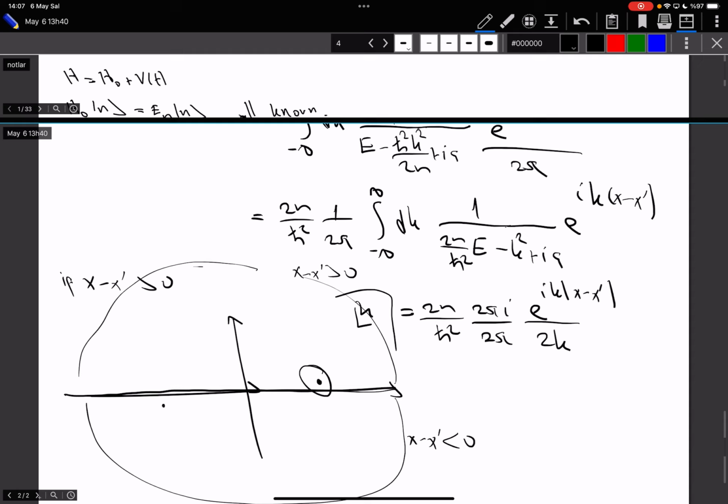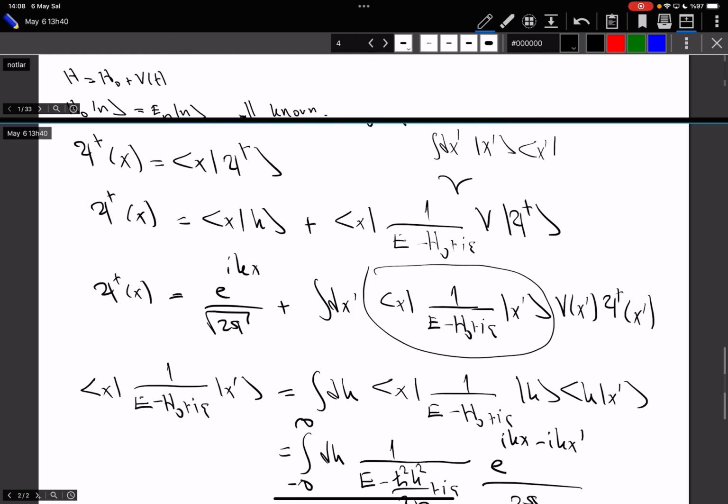You can fill in the blanks. So this will be the result of that integral. Now let me do some simplifications. This will be 2mi over h bar squared, now 2's also cancel, h bar squared k, e to power ik|x minus x prime|. So I can just go back to my equation here.